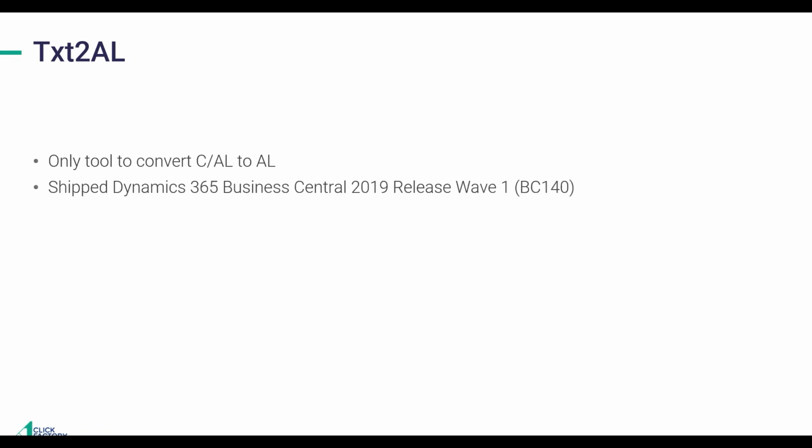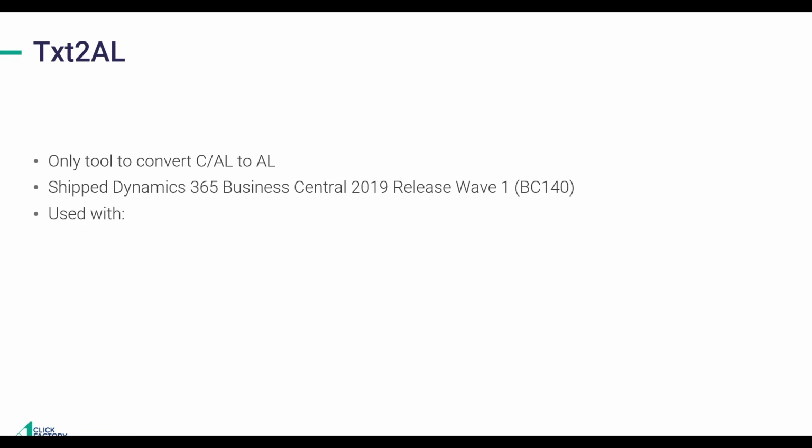It is being shipped with Business Central 14, so Business Central 2019 release wave 1. I have checked, and for Business Central 15, for release wave 2, it still can be found under the legacy DLLs, but as far as I know, Microsoft is recommending to use version 14.